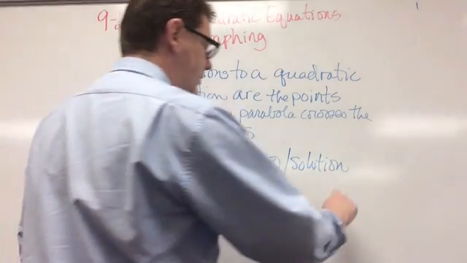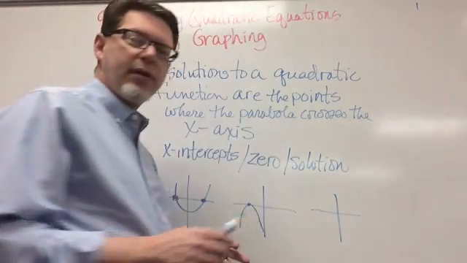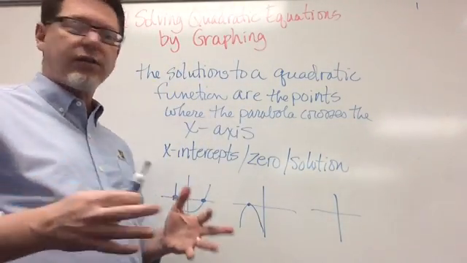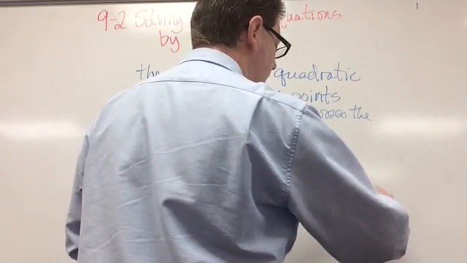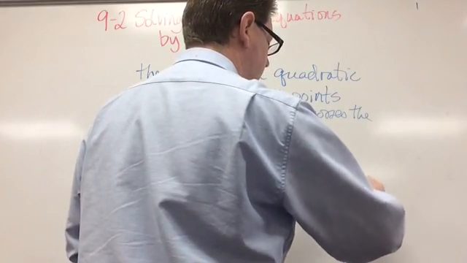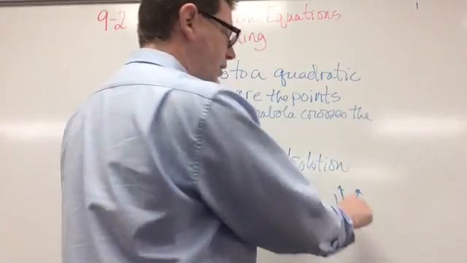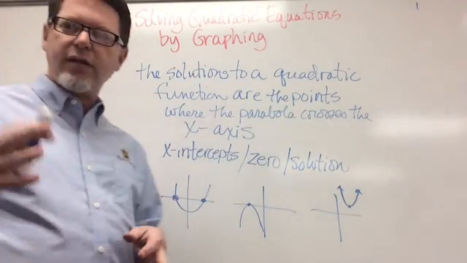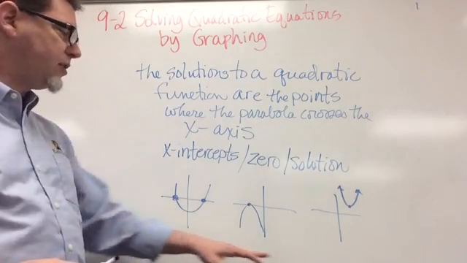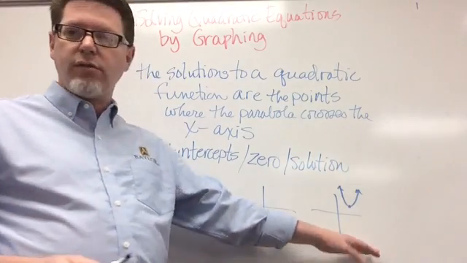And then the last option would be when a parabola or a quadratic equation has no solutions because it never crosses the x-axis. And yes, that's possible, that's the vertex and it goes up, but it never crosses the x-axis. So again, there's 3 possibilities. It can have 2 solutions, 1 solution, or no solution.